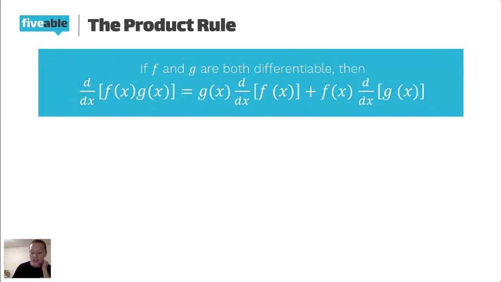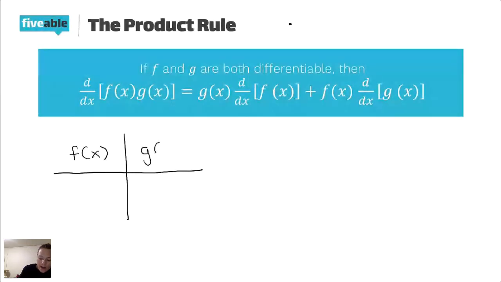I have a nice, fun, easy way for us to organize our information when we do the product rule, okay? What I do is I set up 4 boxes for myself by just drawing a quick vertical line and a horizontal line. In that upper left-hand box, I put whatever my first function is, whatever my first factor is that I'm looking at. So we'll call it f of x, now just keeping things generic.